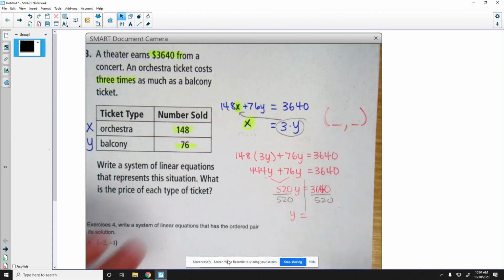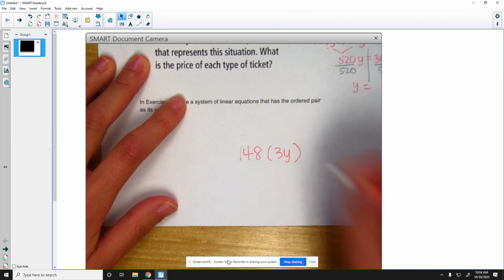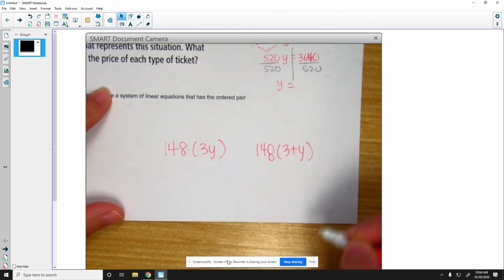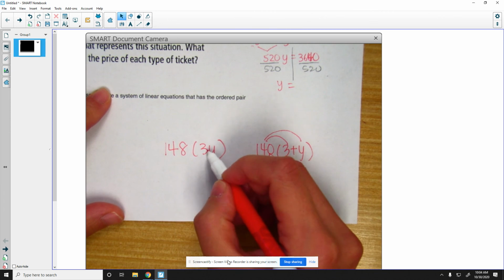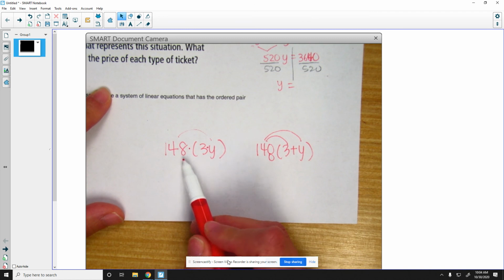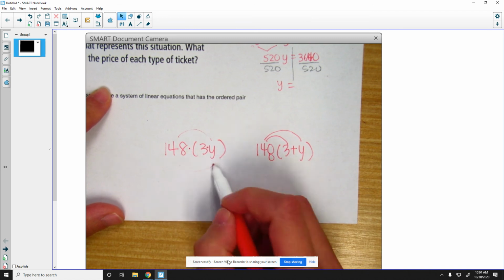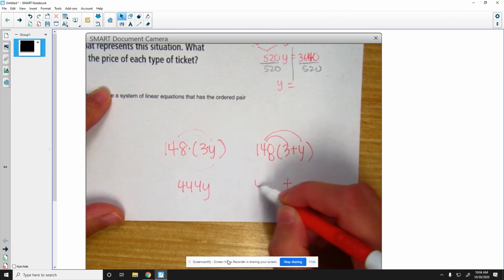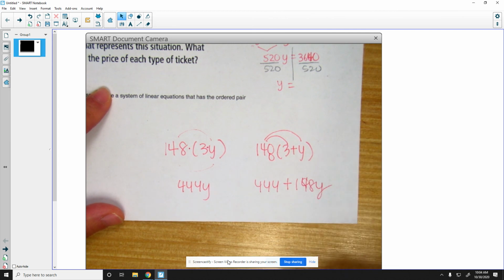Okay, so this is why. 148 times 3y is different than 148 times 3 plus y. When I distribute this, I get 2 parts of my answer. But here, do you see how everything is connected by a times? So it's just like multiplying 148 times 3y, which is connected. That's why you get just all of 444y. Whereas this one, there's a plus in between, so that would be 444 plus 148y. Does that make sense, Vaughn?